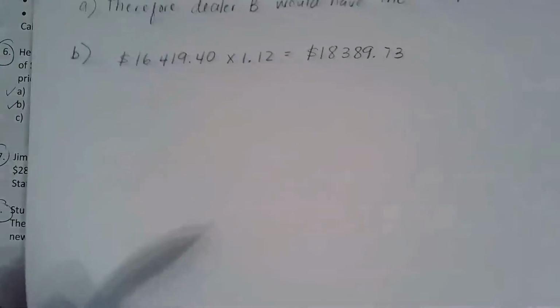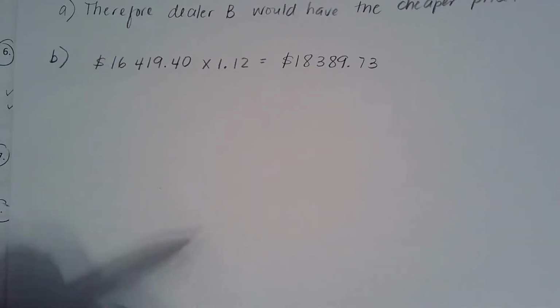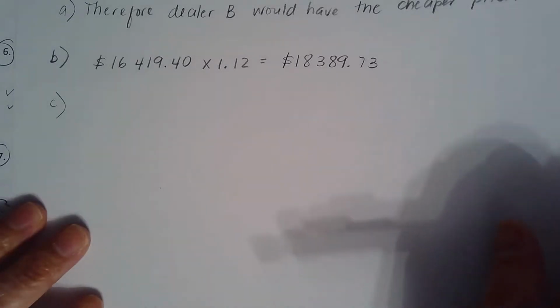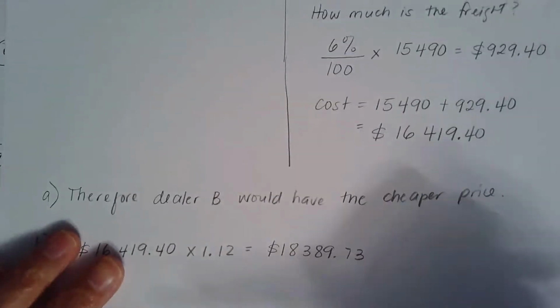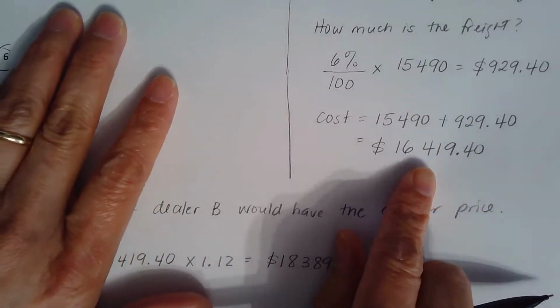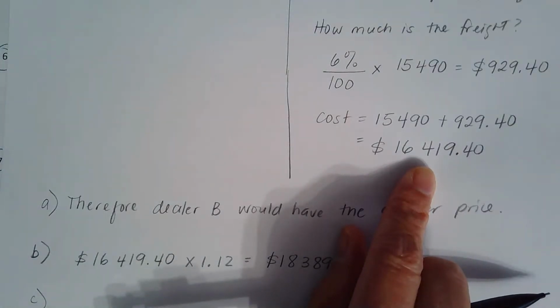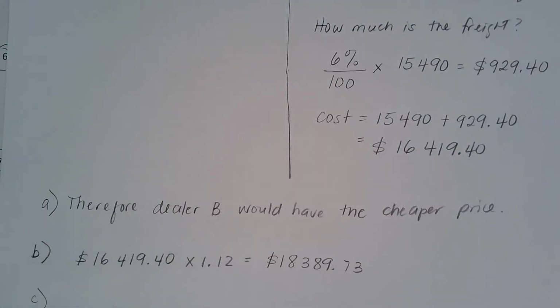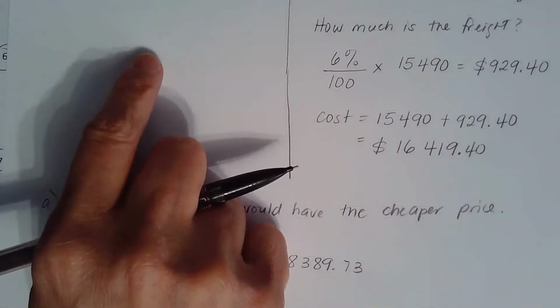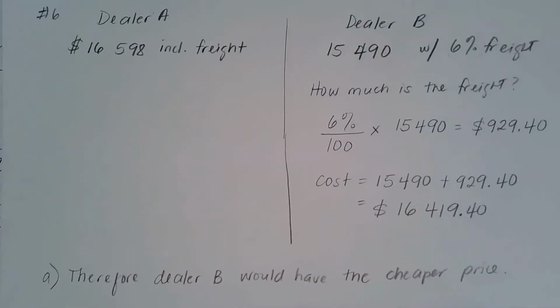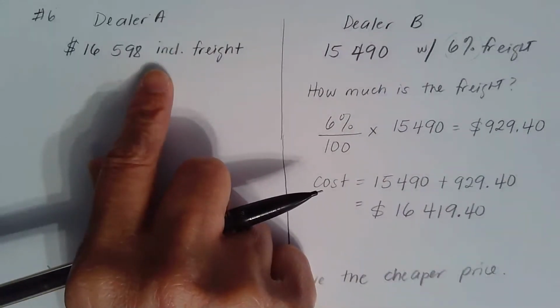What they're saying here is that dealer A is slightly higher, almost $200 higher. Why would she go with the more expensive dealer A instead of dealer B?